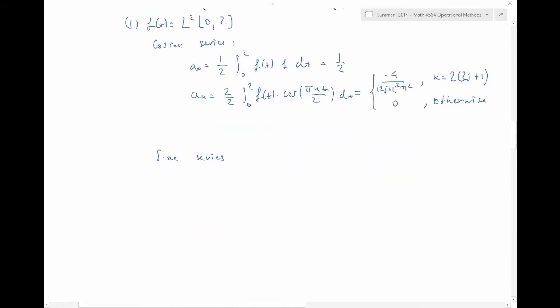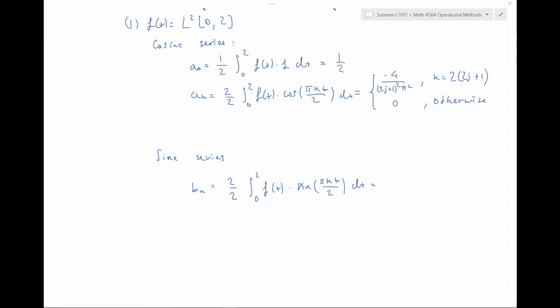This time we only need to compute the coefficients bk because k starts from 1. So it's just going to be 2 over L, which was 2, the integral from 0 to 2 of f of t times sine of pi kt over L, which was 2, dt. This time the expression inside the sine is also halved in comparison to the expression we used for the real Fourier series.